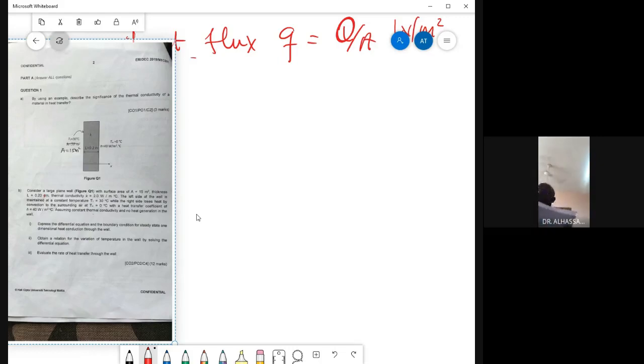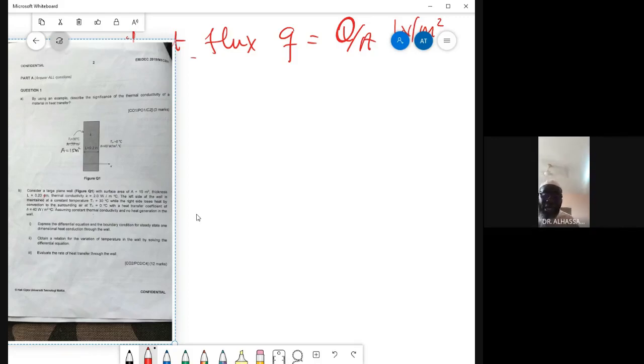Now, this question says that by using an example, describe the significance of thermal conductivity of a material in heat transfer. Okay, so thermal conductivity of a material is a measure of the ability of a material to transfer heat fast.